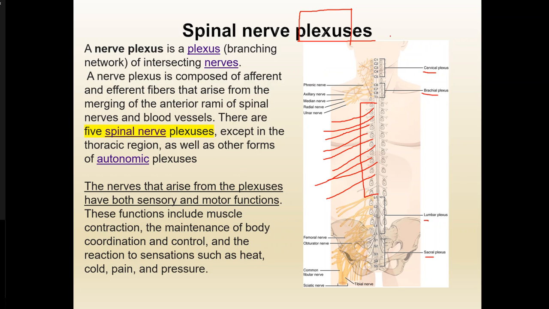There isn't any net distinction there. They're both types of nerve fibers. And of course, therefore, the functions include muscle contraction, maintenance of body coordination and control, and reaction to sensations like heat, pain, pressure, cold, things like that.